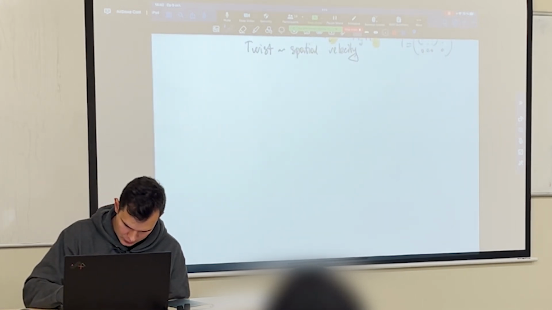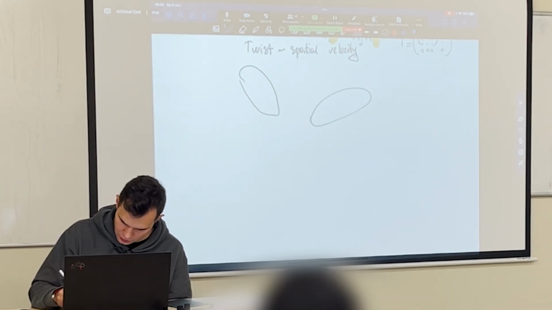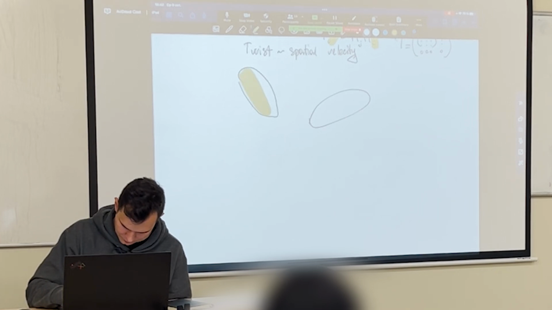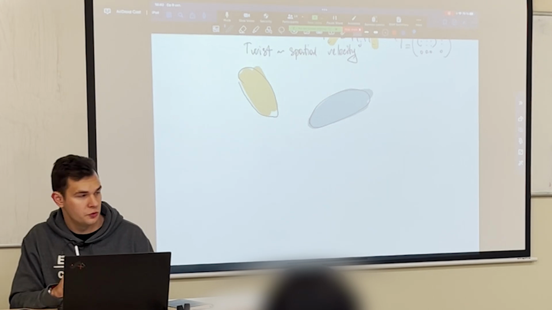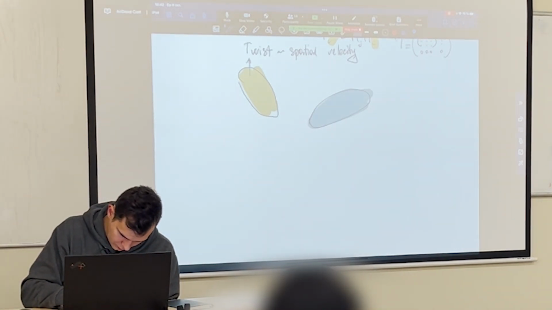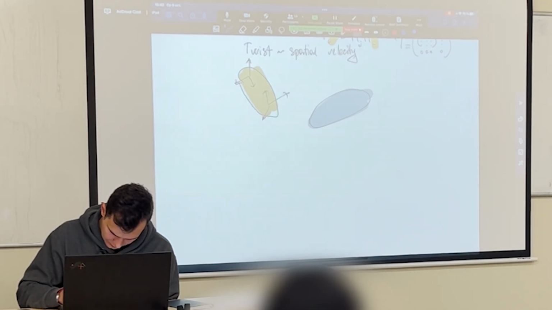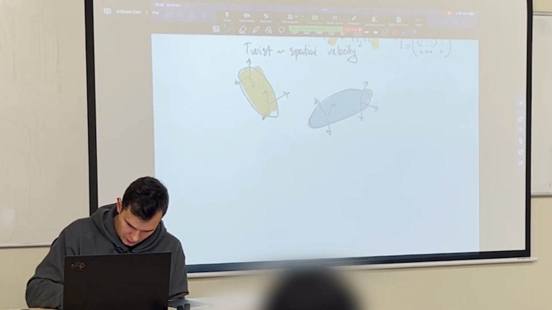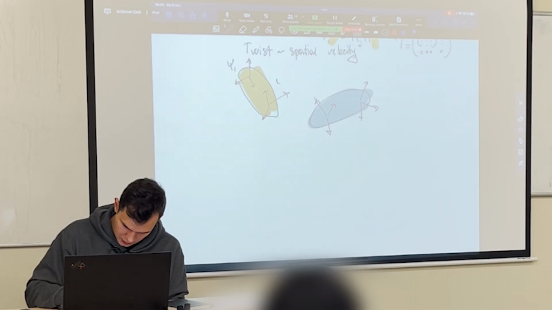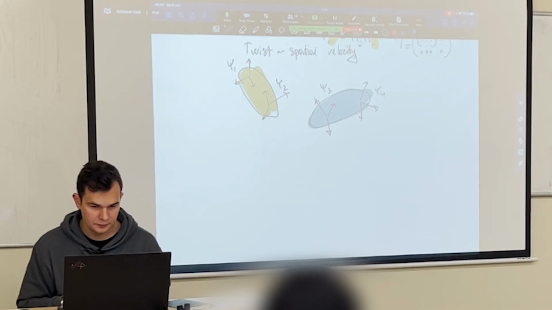So let's assume that we have 2 bodies, and each of them has two different frames. They are called P1, P2, P3, P4.